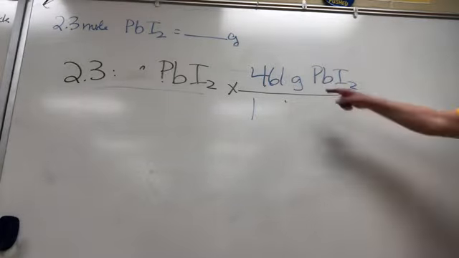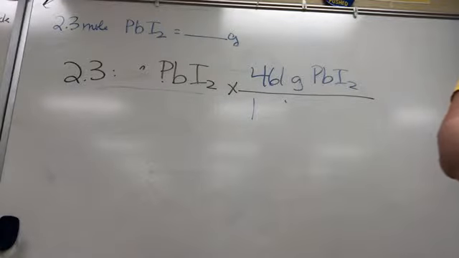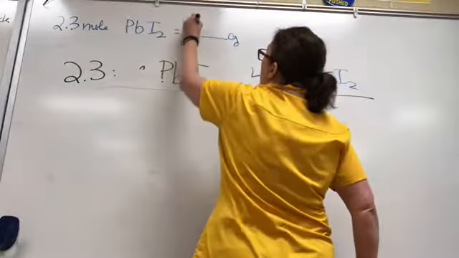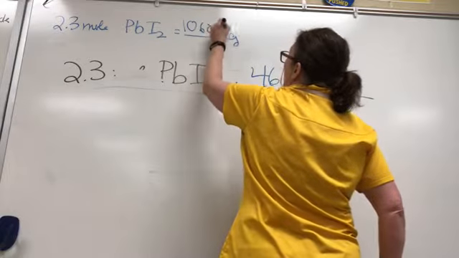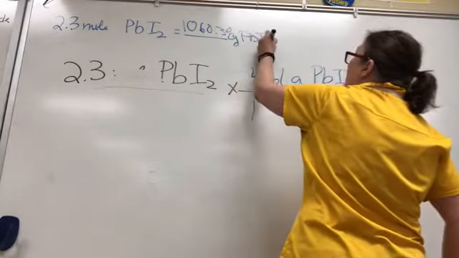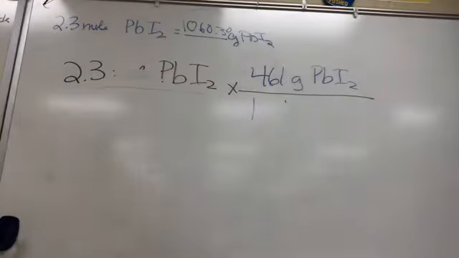I take 2.3 times 461. What do you get? 1060.30 grams of PbI2. So you have to find the actual molar mass of the substances. Does that make sense?